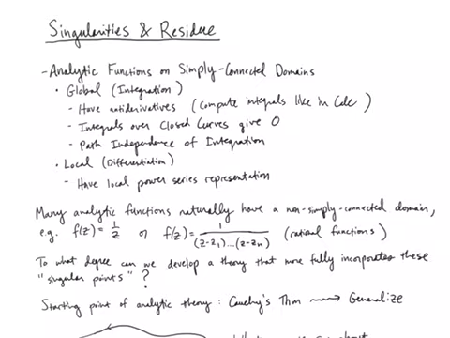Since these functions are entirely natural and ubiquitous, we would like to know to what degree we can develop our theory to more fully incorporate these singular points, like the origin for 1 over z, or these z sub i's, the places where the denominator of a rational function is equal to 0.